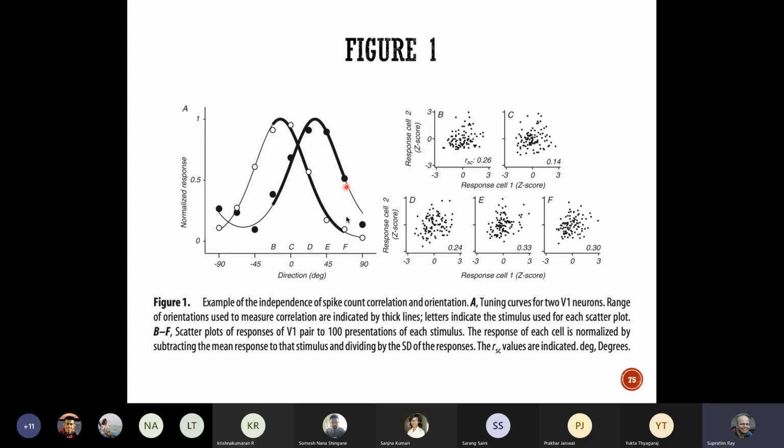An orientation that neither of these neurons like, let's say 90 degrees, would produce weaker spike count correlation than 0 degrees. But that is not the case. If you look at different orientations, the spike count correlation is about the same. It doesn't depend on which orientation the stimulus is presented at. This is something you can only find out by doing an experiment.